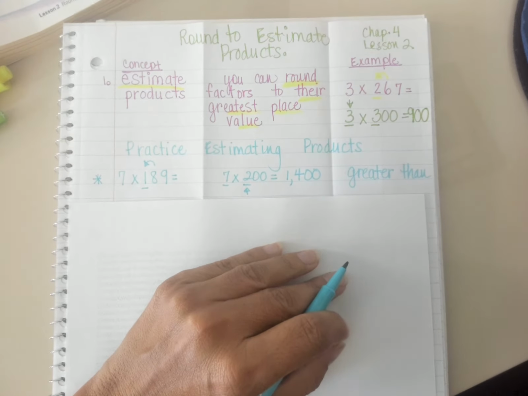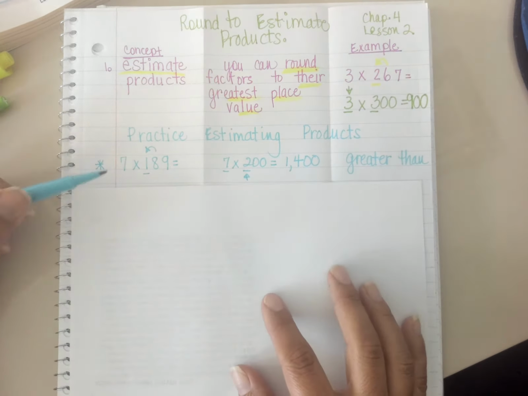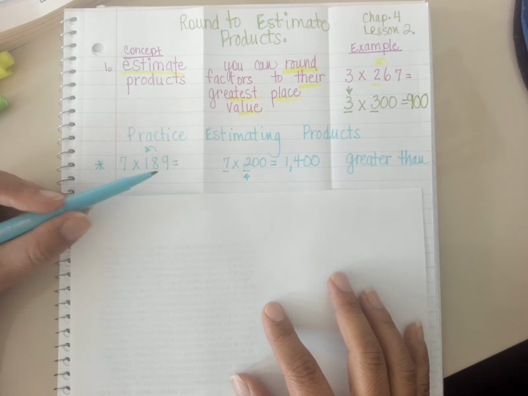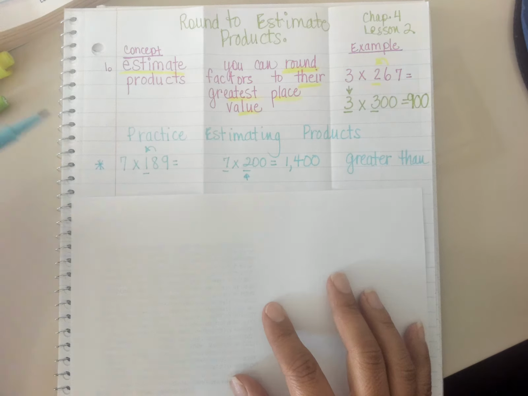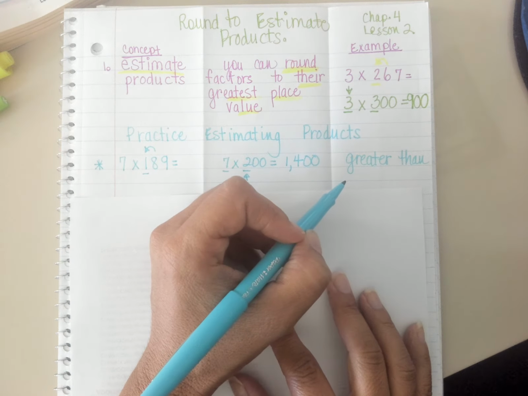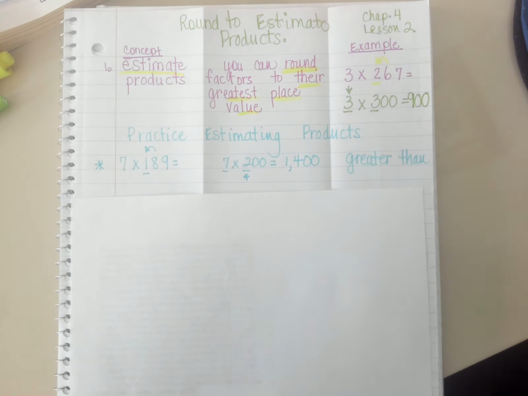But you could just leave it at greater than. So if you took the time to multiply each digit here, your actual answer would be smaller. So your estimate is greater than the actual.